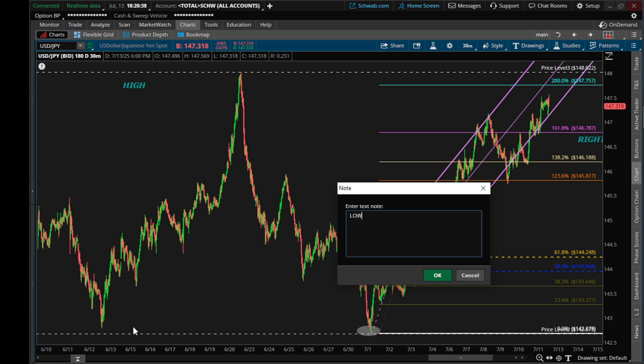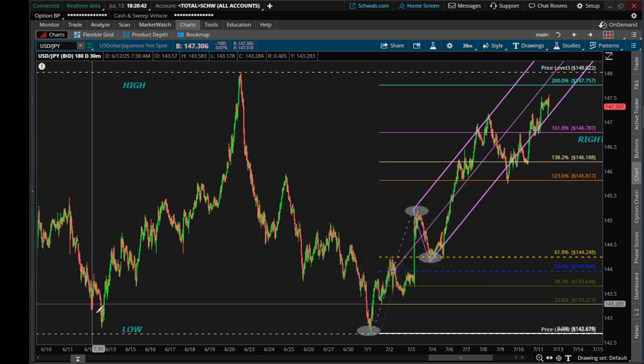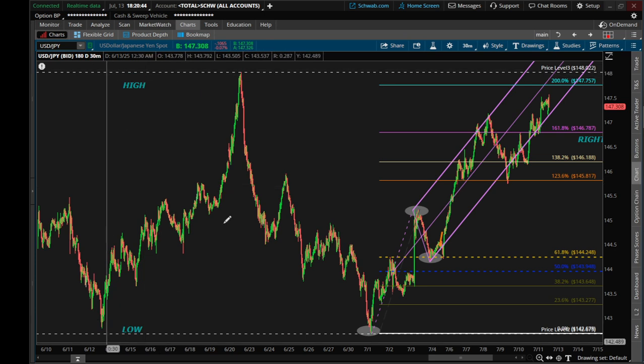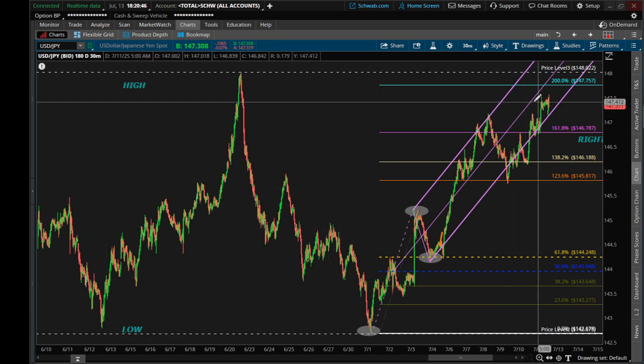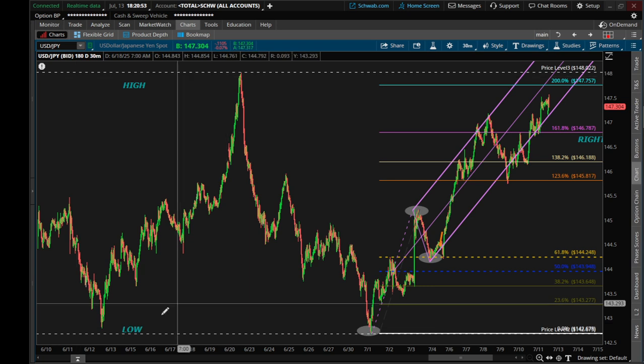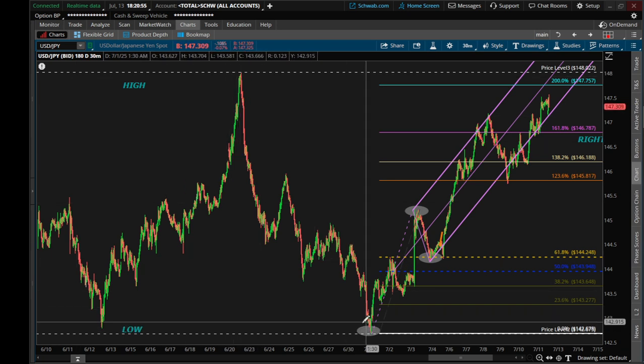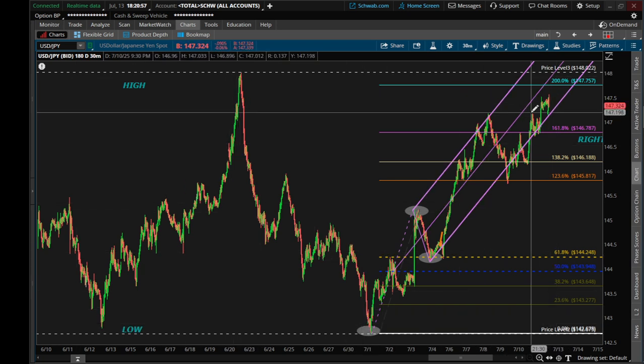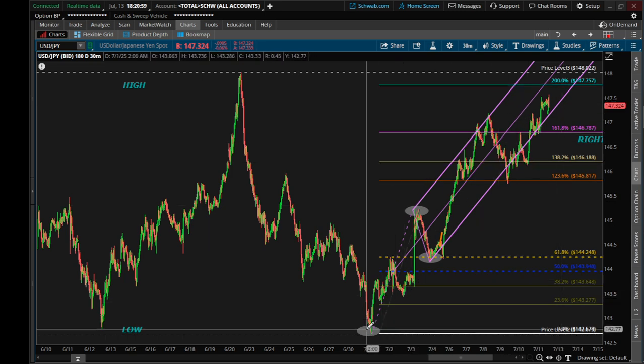And remember, you read your support and resistance from left to right. You want to go back to history to find your highs and lows. It doesn't make too much sense to go right to left because you don't have enough information. Okay, so there's your high, there's your low. Now we're reading right to left to find our low. There's our low. I got them circled already in the ovals.